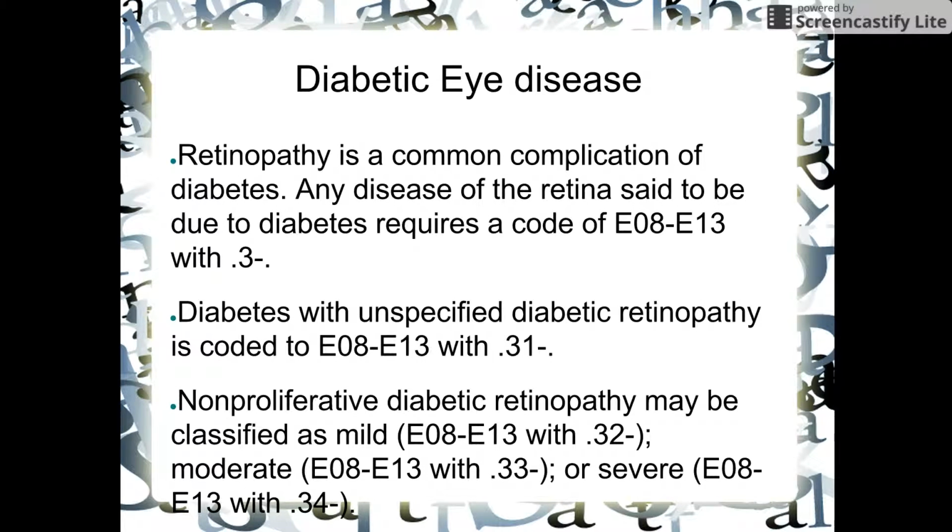Diabetes and eye diseases. Retinopathy due to diabetes is coded to E08 to E13 with .3 and a 7th character. Diabetes with unspecified retinopathy is E08 through E13 with .31. Non-proliferative diabetic retinopathy, mild, is E08 through E13, .32, moderate is .33, severe is .34.